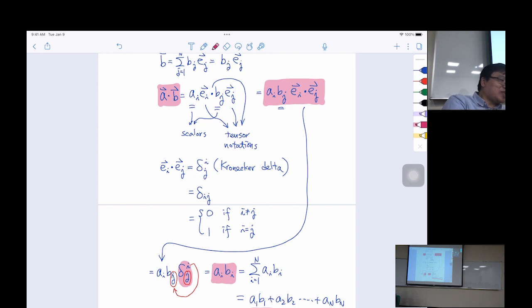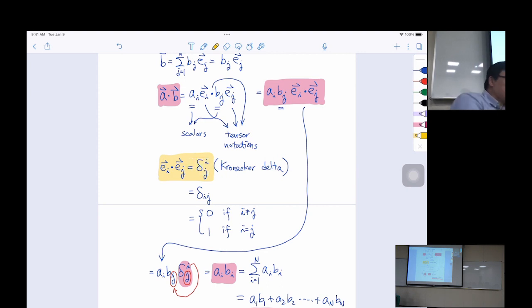What Kronecker delta did was help you figure out whether that delta needs to be 0 or 1. So this has to be proven. But I didn't prove it.